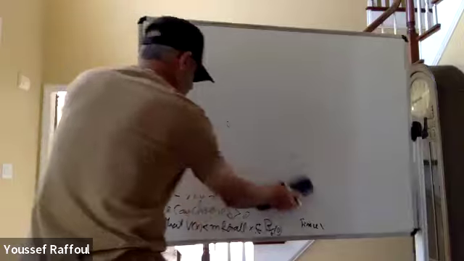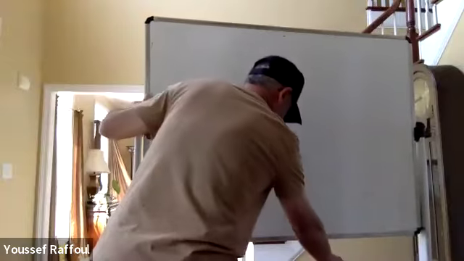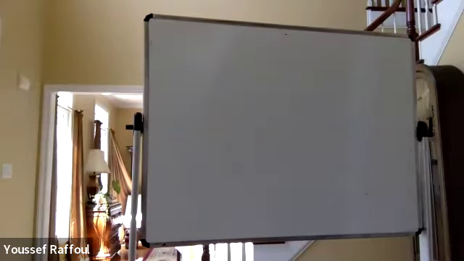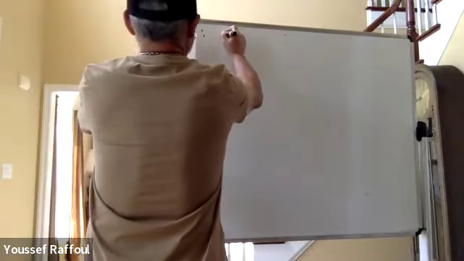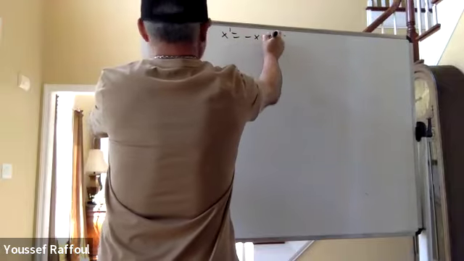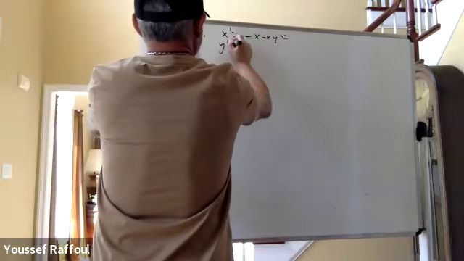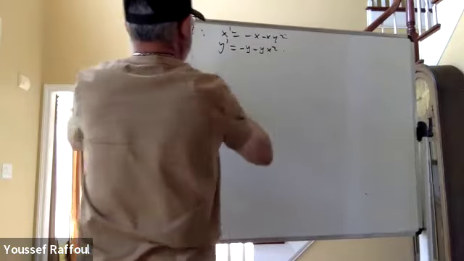Okay, so let's go back to example 7.1. x prime is minus x times (1 plus y squared), y prime is minus y times (1 plus x squared).